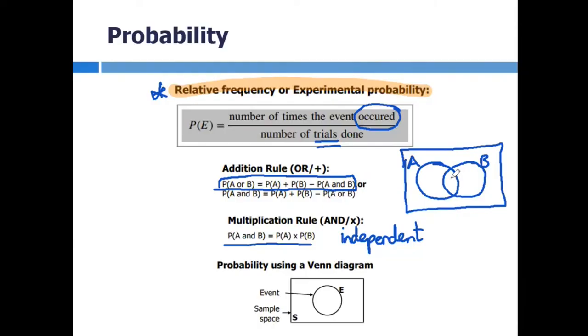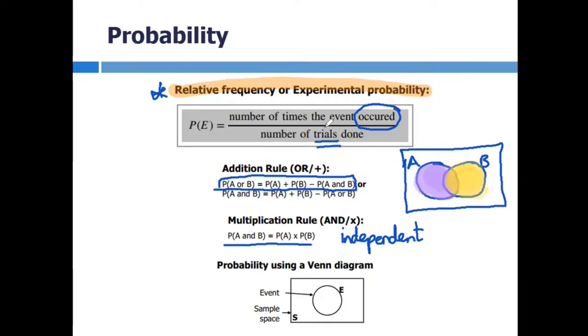Okay, so the probability of A is everything in the A circle. Okay, I hope that's nice and clear. I see I've got a darker blotch in the middle. The probability of B is everything in the B circle.